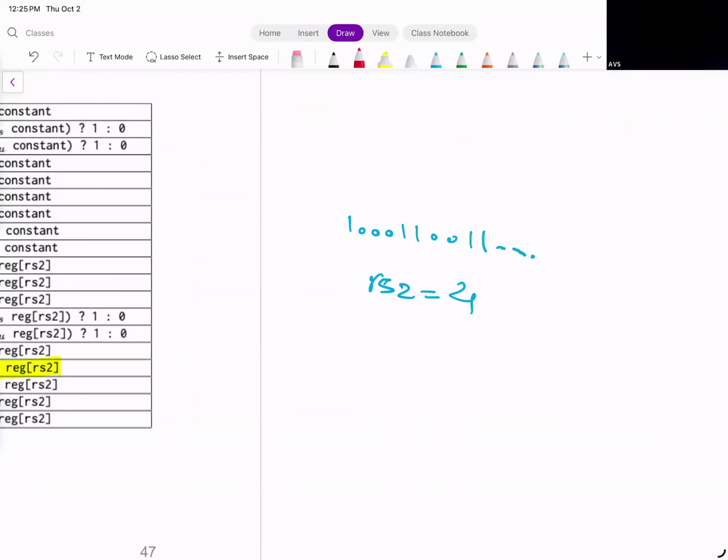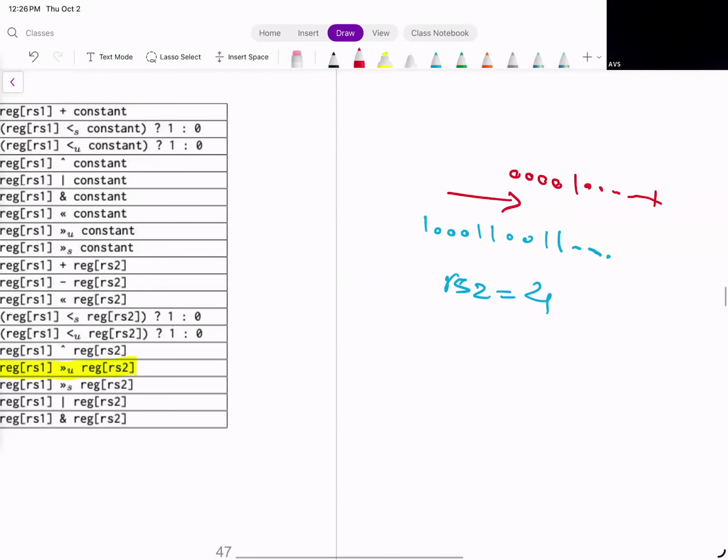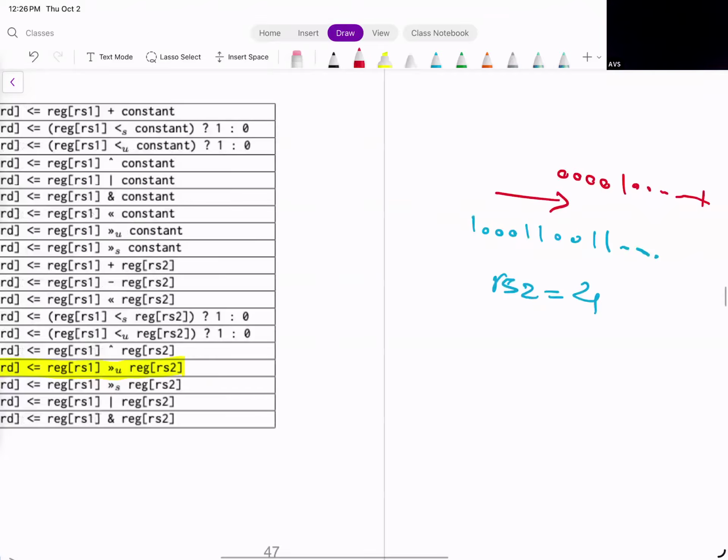This means shift this register 4 bits to the right. So basically I add maybe 4 zeros here and then it would be 1 0 0 and so on and so forth. Okay? So this is shift right.